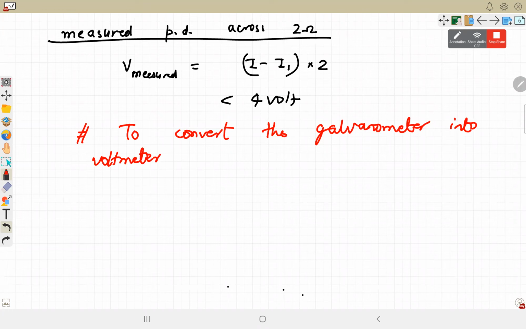To convert the galvanometer into voltmeter, a very high resistance should be connected in series. इस series में connect करने पे a very high resistance should be connected in series.